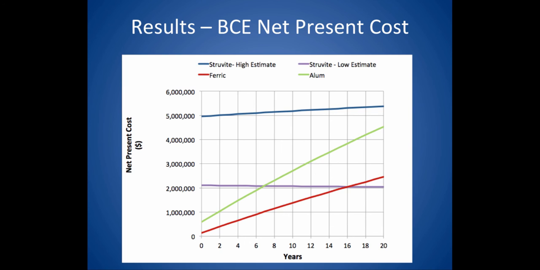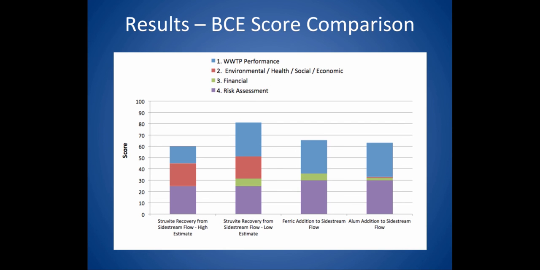The net present cost of the struvite low estimate alternative is slowly improving with time, which indicates that all ongoing O&M costs are covered by the value of the recovered products and the cost of the supplemental carbon feed that can be avoided once the struvite recovery system is put into operation. This last chart shows how the total scores of the alternatives for Plant A compare to one another. The struvite recovery options have significant environmental, health, social, and economic benefits over the ferric chloride or alum feed systems.